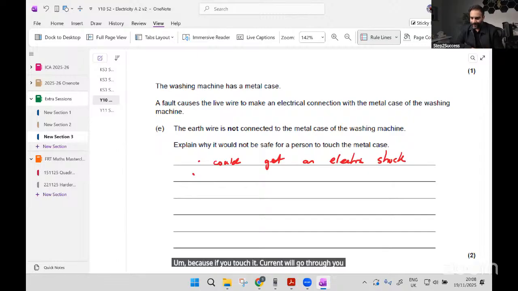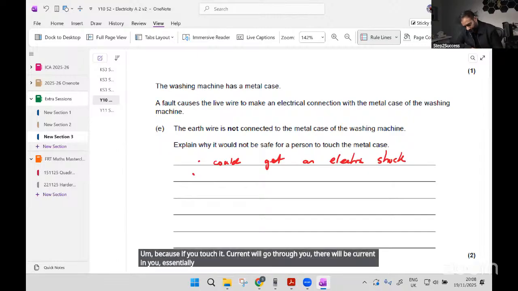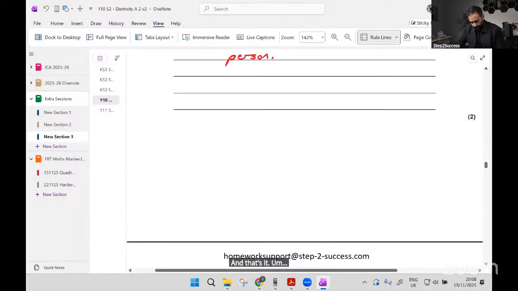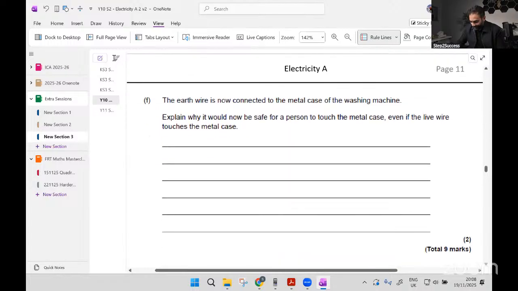There will be current in you, essentially. And then the earth wire is now connected.